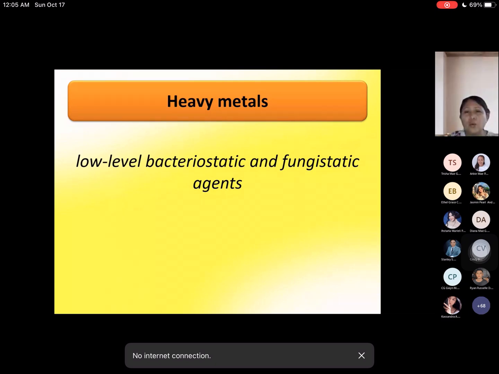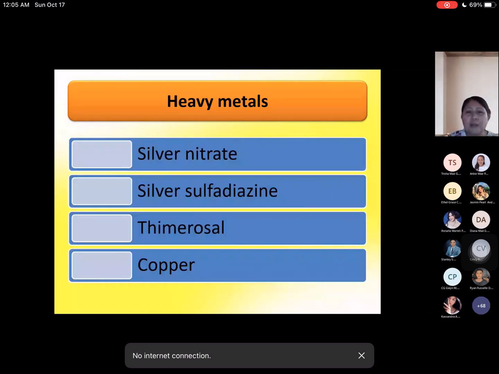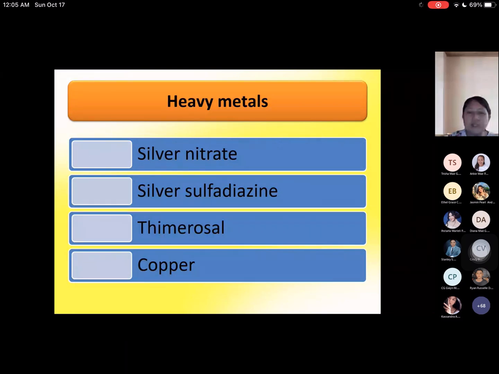Examples of heavy metals are silver nitrate, silver sulfadiazine, thimerosal, and copper. Silver nitrate is usually used as prophylaxis for newborns in the prevention of gonorrheal neonatal ophthalmia.